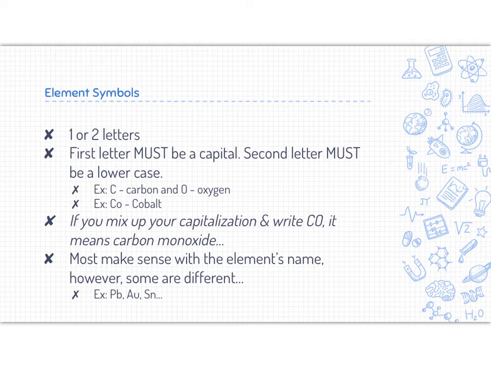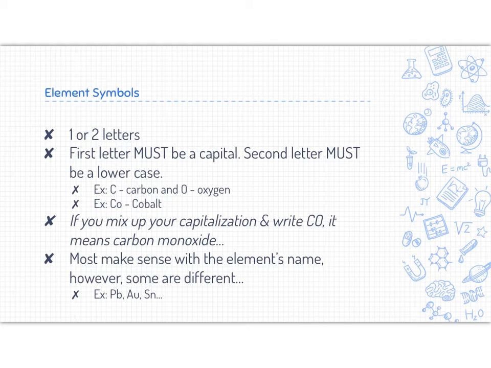Most make sense with the element's name, however, some are different. So, for instance, silicon is Si, bromine is Br, argon is Ar, calcium is Ca. All of these seem to make sense, but we look at some and we wonder, how on earth did they come up with this element symbol for this name?